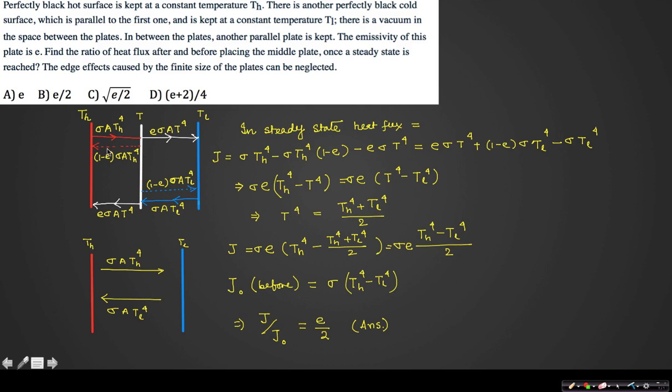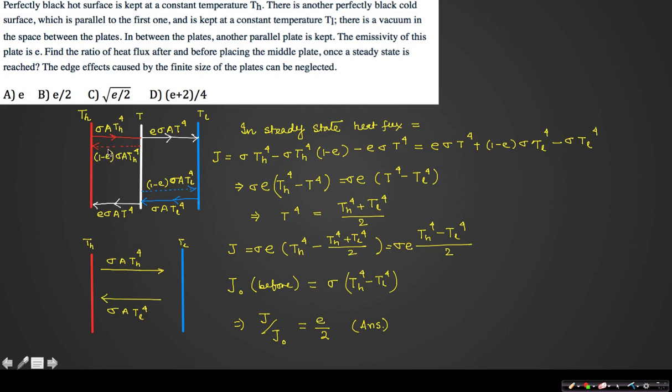Now look, this hot surface will give heat radiation which is falling directly on this plate, but this is not a black body, so it will not completely absorb this heat radiation. Partly it is absorbed and the rest is reflected back. This dotted line that I have shown in the diagram is a reflected radiation, right?